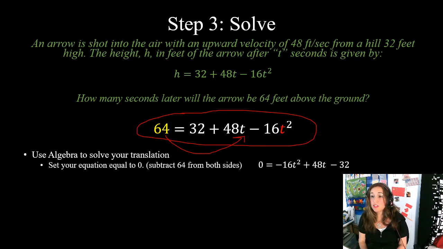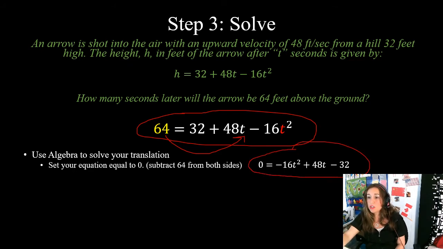So I'm going to subtract 64 from both sides, which gives me 0 equals negative 16t squared plus 48t minus 32. Notice I rewrote this so that my variables were in descending order, okay? That way, in case I need to use the AC method, my A, B, and C will be lined up correctly. My coefficients will be in the right place, okay?